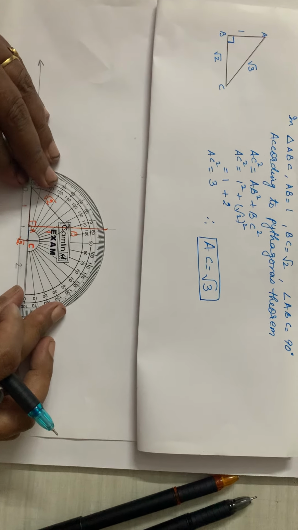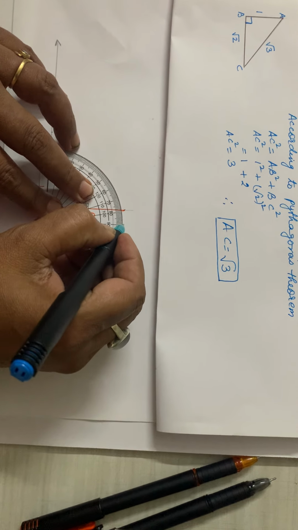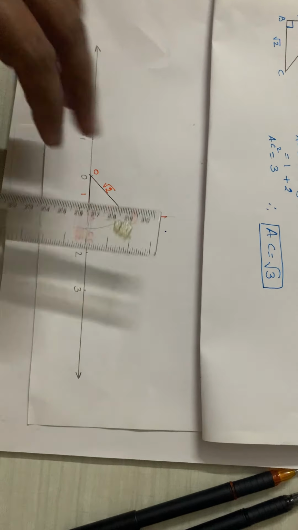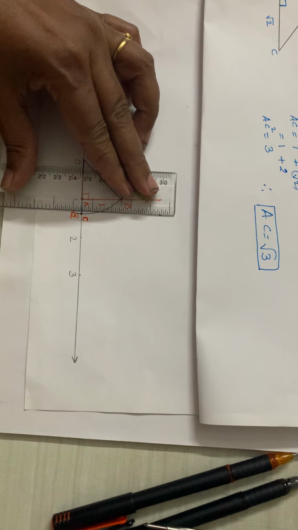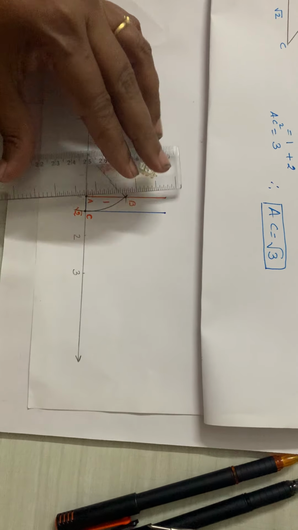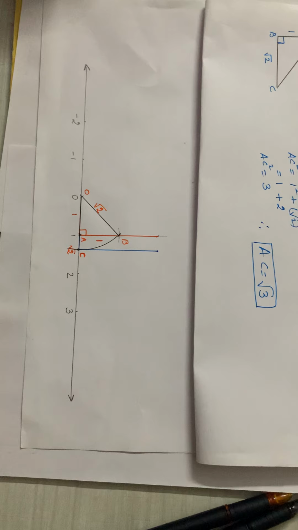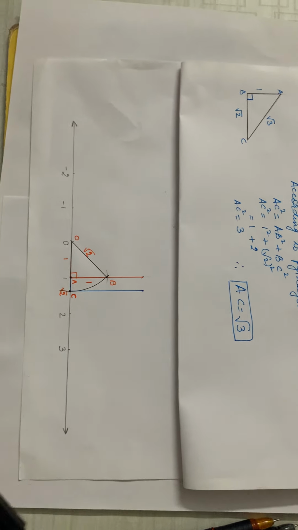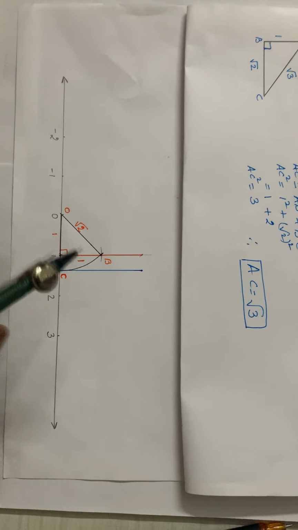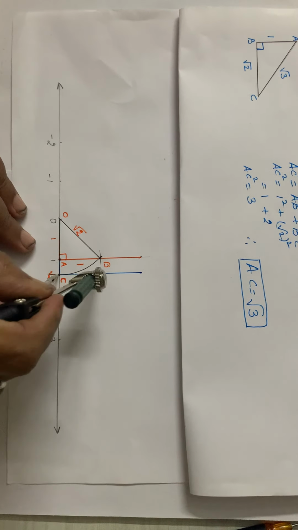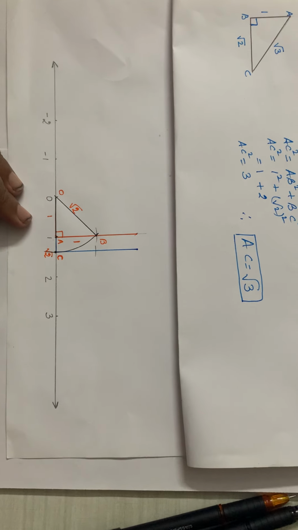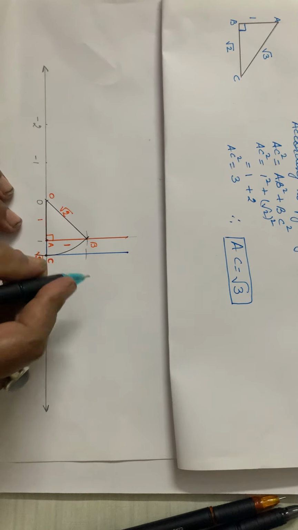Again using a protractor at C, I will mark a 90-degree angle, and then I will draw the perpendicular to the point C. After drawing the perpendicular, then I will mark again 1 unit from this point C on the perpendicular. Let us name this point as point D.